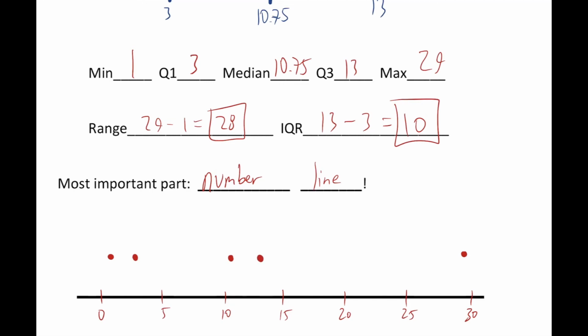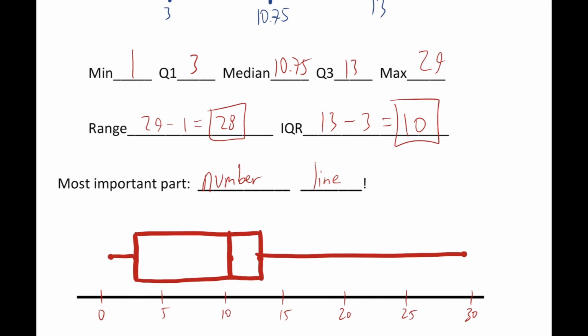Next step is to go ahead and mark my median with my vertical line. Then I can go ahead and finish my box and add my whiskers. Now that I've done that, I've made my box plot and I'm ready to analyze.